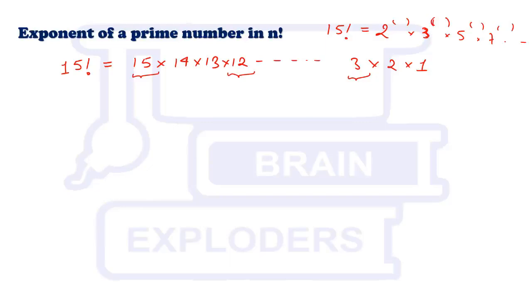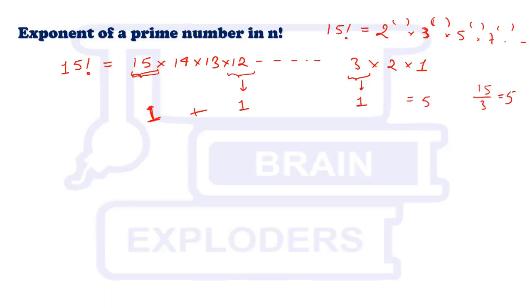Here from 15 we will obtain a 3, so one contribution in the exponent of 3, another contribution from this 12, another contribution from this 3. So in total 15 upon 3 means 5. This sum will give us 5.